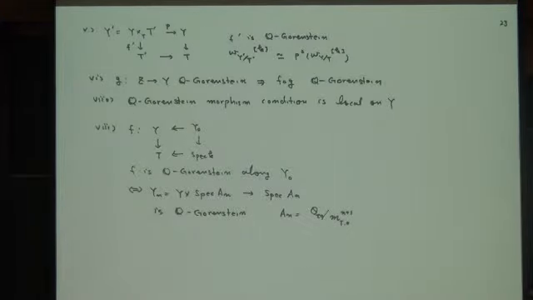Also this Q-Gorenstein morphism definition works for base change, and also works for composites of maps. Q-Gorenstein morphism is also a local condition, and you can check Q-Gorenstein just by checking over Artinian neighborhoods.